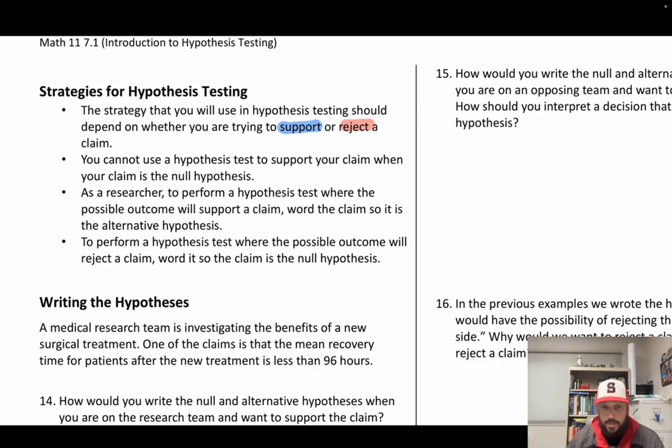So as a researcher, we want to perform a hypothesis test where the possible outcome will support the claim. So we'll word the claim so it is the alternative hypothesis. And if we want to perform a hypothesis test where the possible outcome will reject a claim, word it so the claim is the null hypothesis.